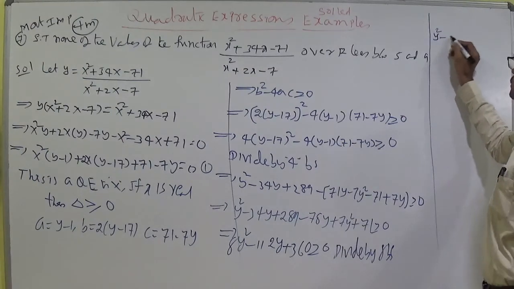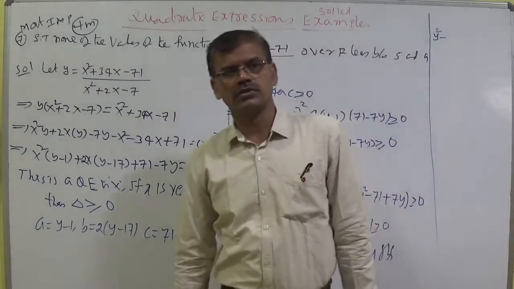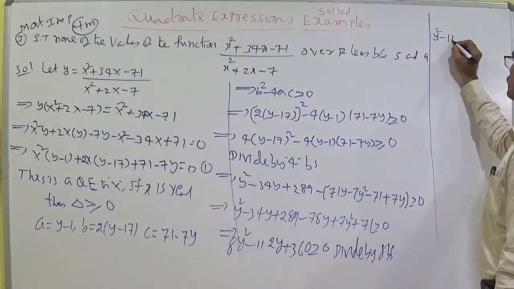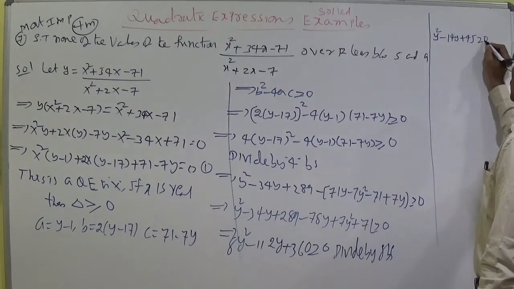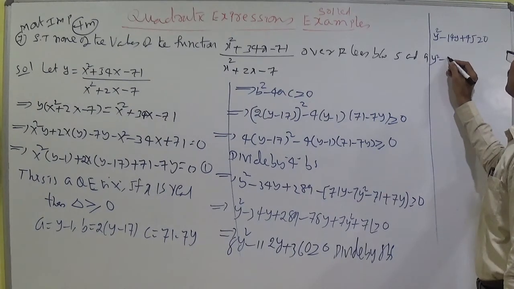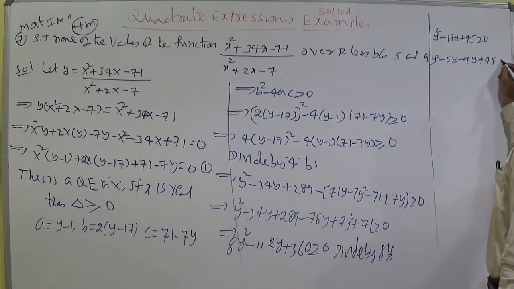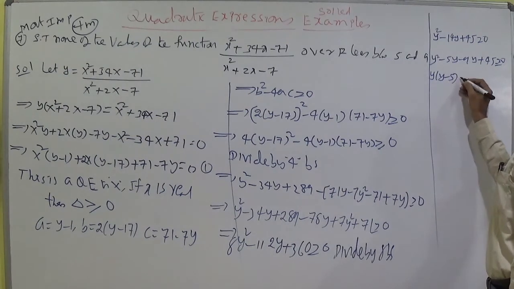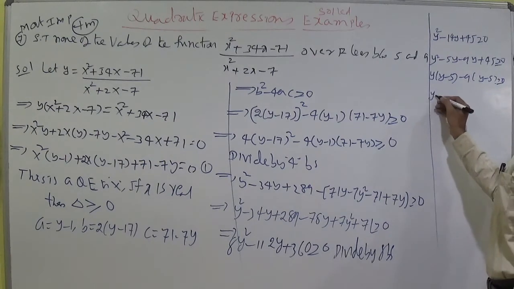Now you can write y square minus 14y plus 45 greater than or equal to 0. You can write y square minus 5y minus 9y plus 45 greater than or equal to 0. Taking y common, y into y minus 5, minus 9 taken common, y minus 5, greater than or equal to 0.